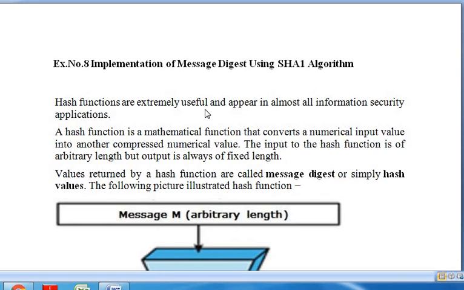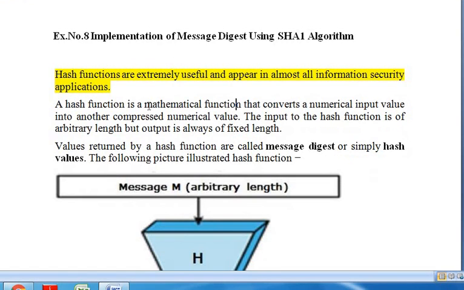First of all, you are going to learn what a hash function is. A hash function is a mathematical function that converts a numerical input value into another compressed value. So the output of a hash function is a compressed value.